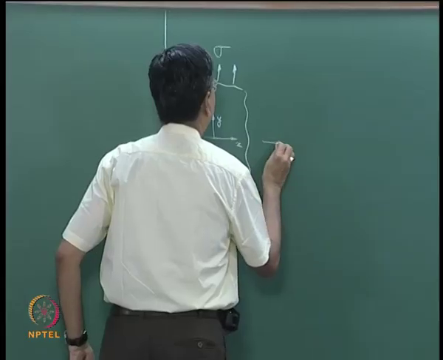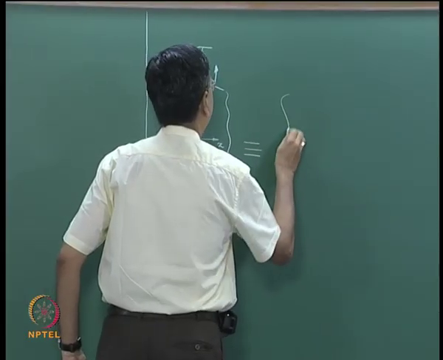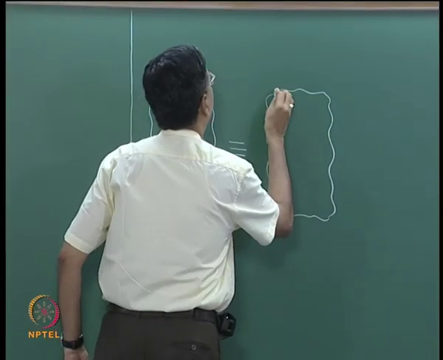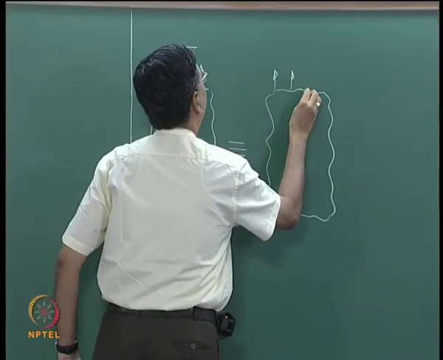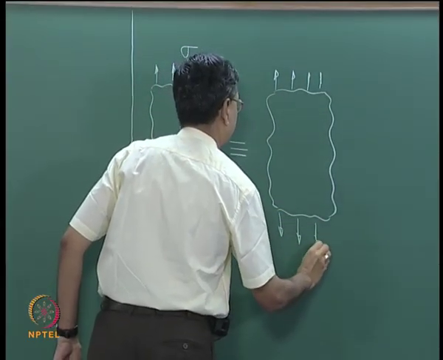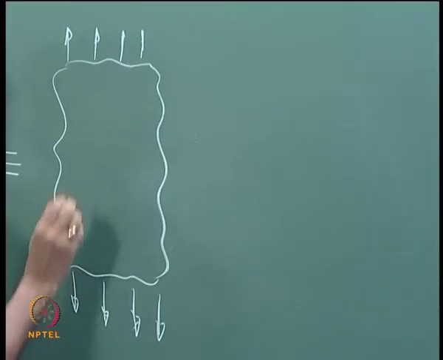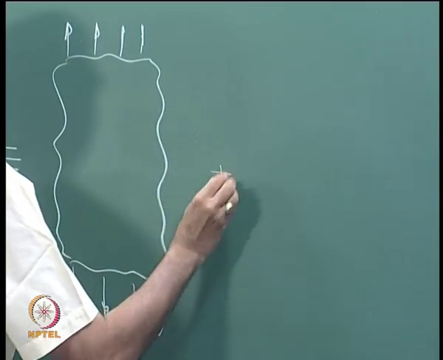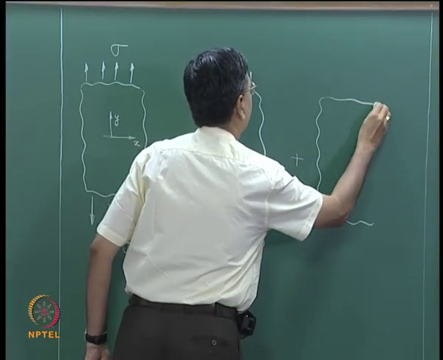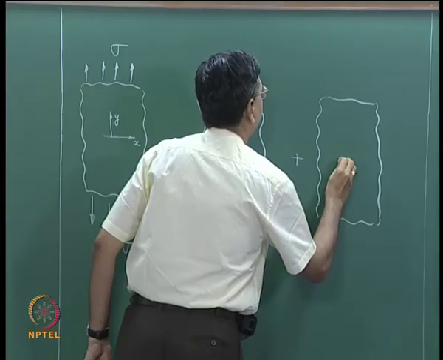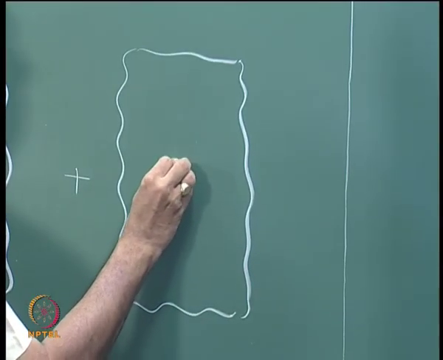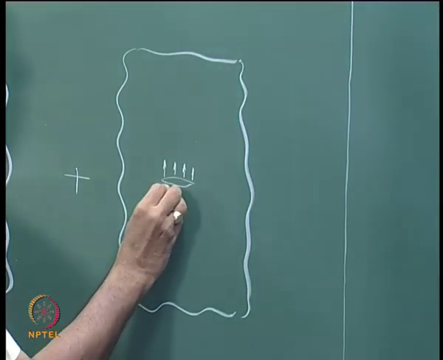One way of doing it is, I can imagine a problem wherein I have a plate without a crack, plus I have the similar plate and I have the crack that is opened up by some load on either side.